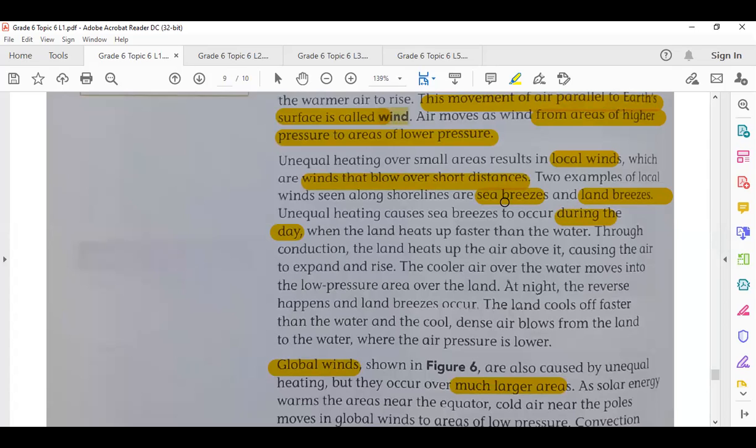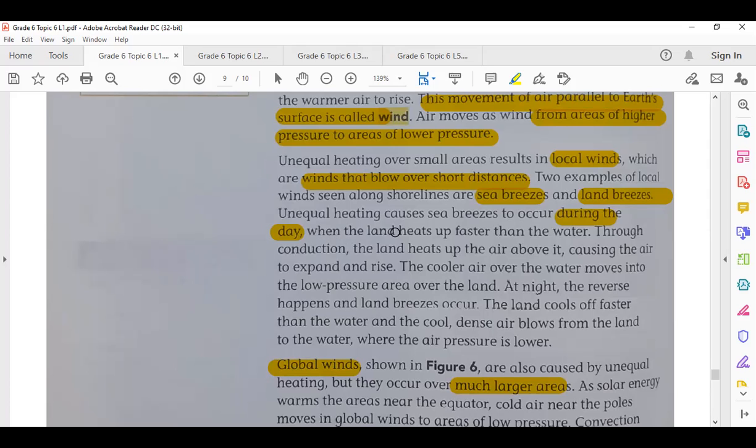For this reason, as I told you, wind or air moves from areas of high pressure to areas of lower pressure. So above the water or above the ocean during the day, we have an area of higher pressure, and on the land, we have an area of lower pressure. So wind blows during the day from the water, from the river, from the ocean, any body of water, to the land. This is called sea breeze.